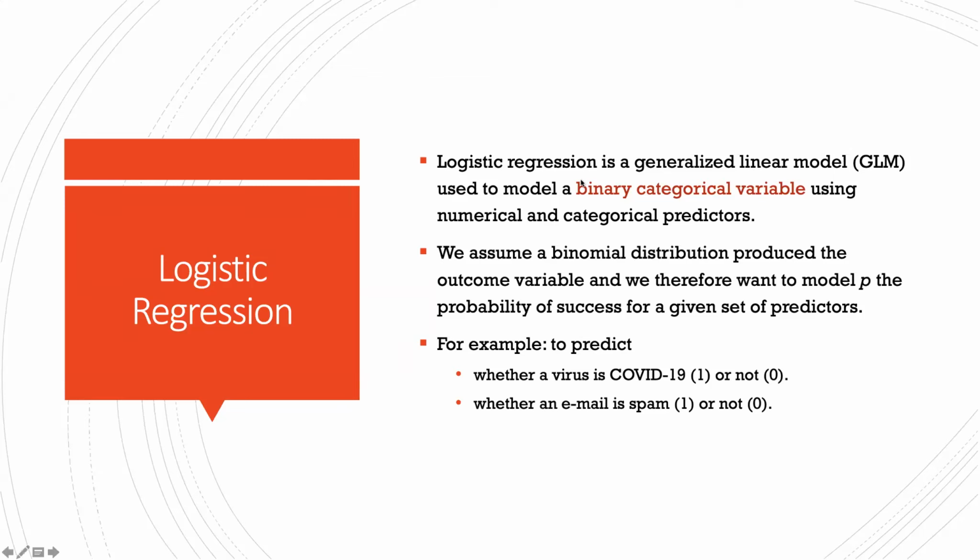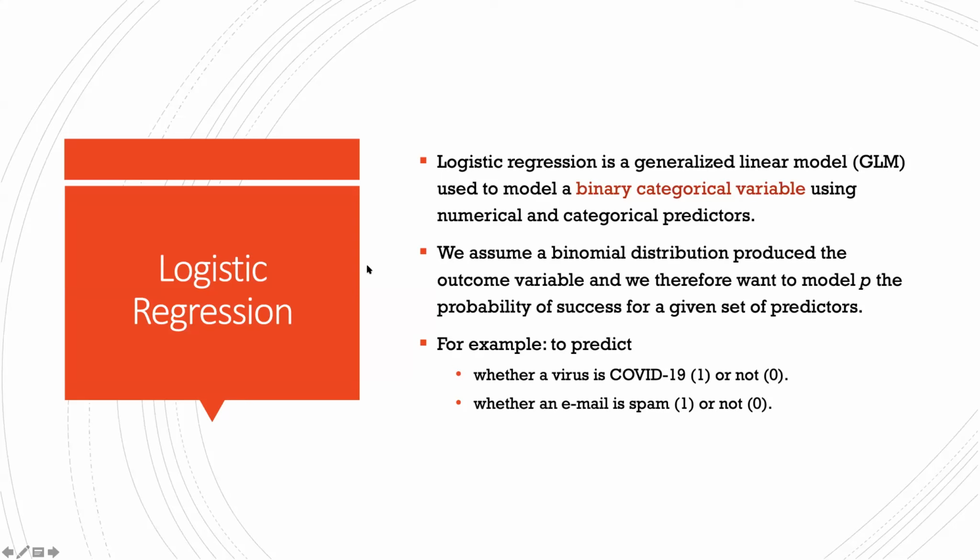And if your response variable is binary, like 0 and 1, then you can use logistic regression in here, okay? And sometimes you see logistic regression as a classification method in many machine learning books, okay?